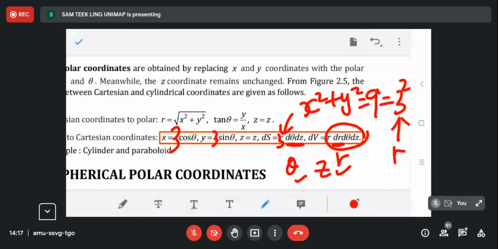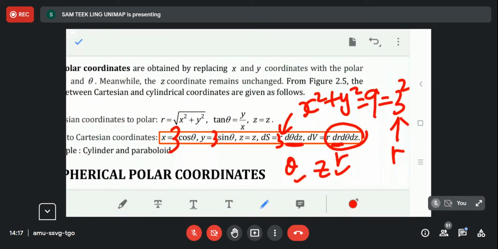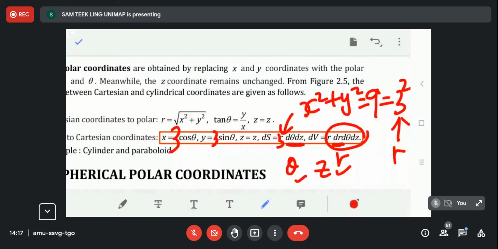For your surface, we don't have r. We only have two variables, d theta dz, so we need only theta and z limits. So your r you can replace from your question. Here r equals 3, so you replace 3. It's okay.